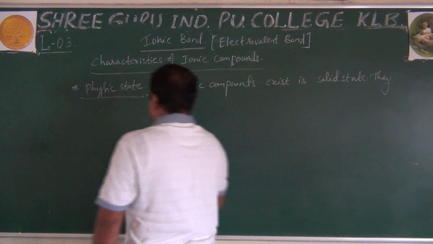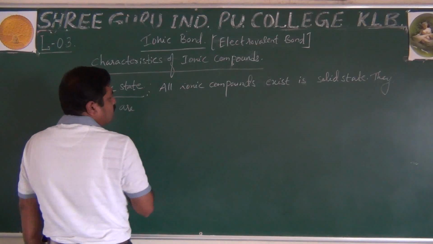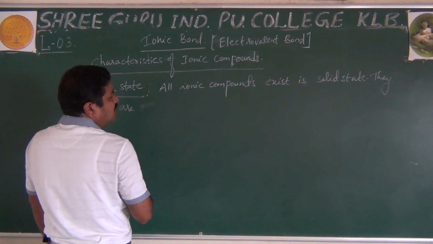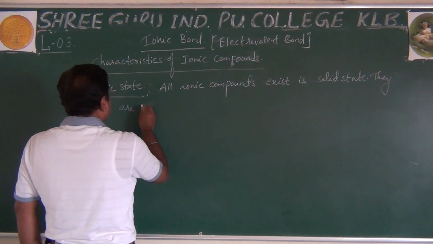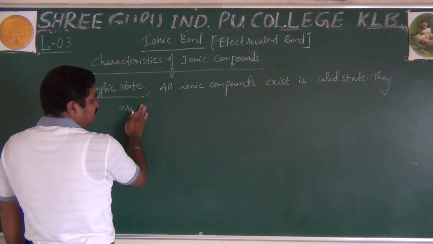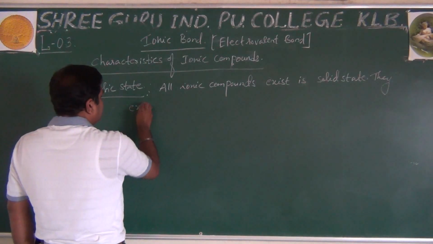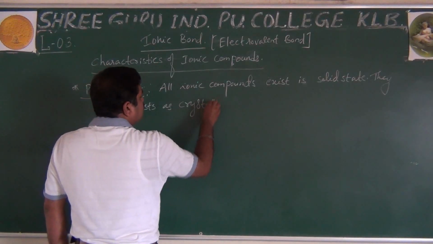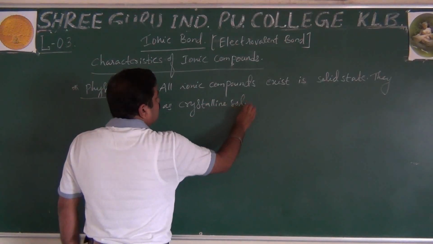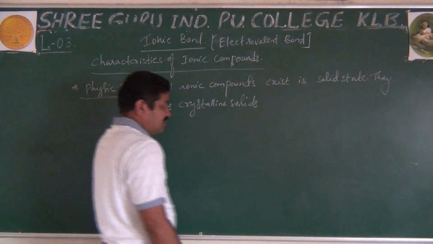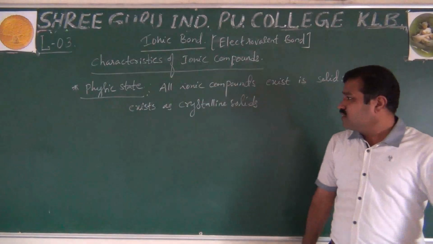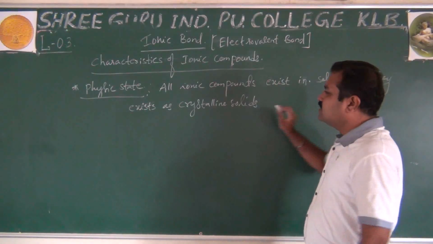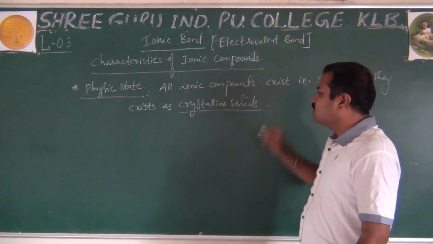They are all crystalline solids. That means all ionic compounds exist in solid state, especially they exist as crystalline solids.